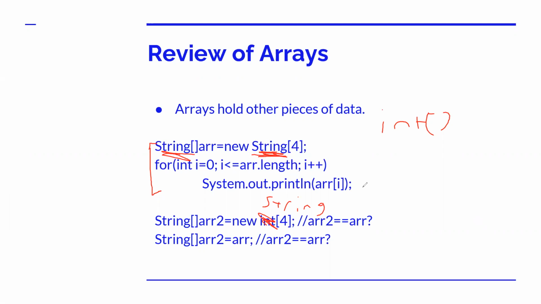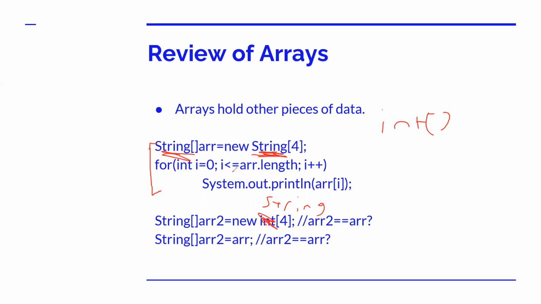So if I made a new string array of length 4 and printed out all the values, it would be null 4 times. You guys were close with the zeros, but instead of zeros, it would be null because it's a string. If this were an array of integers, it would be 0.